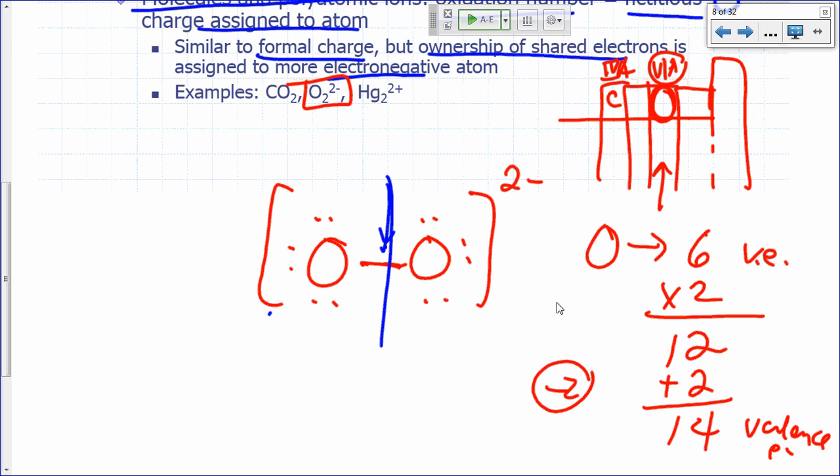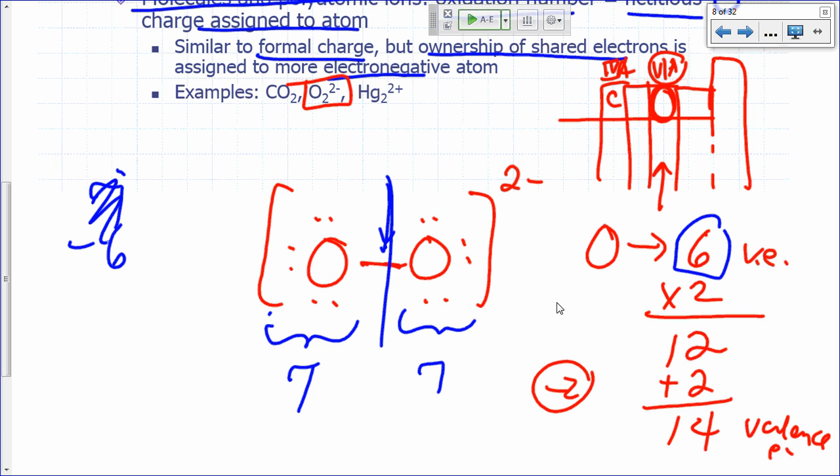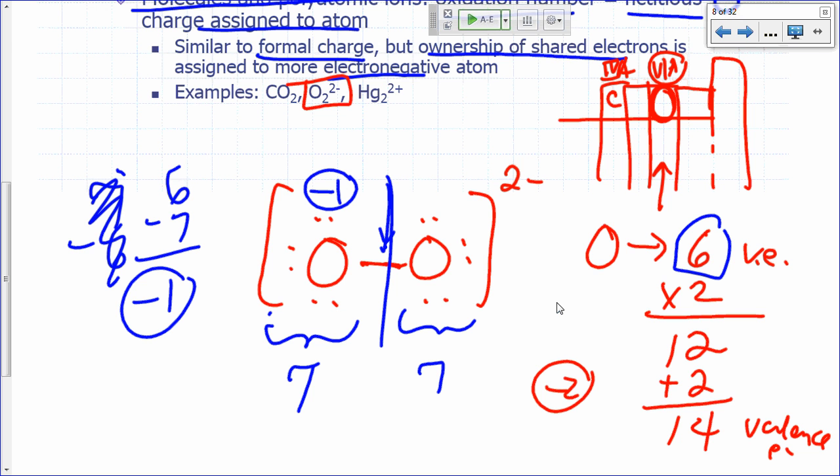So if they split 50-50, how many electrons does this oxygen appear to own? 7. And how many does this appear to own? 7 valence electrons. Normally an oxygen atom would have how many? 6. So this one appears to have gained 1, right? So 6 minus 7 would be -1. So we say the oxidation number of this oxygen is -1.